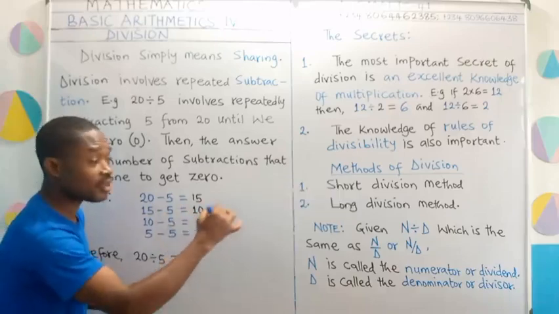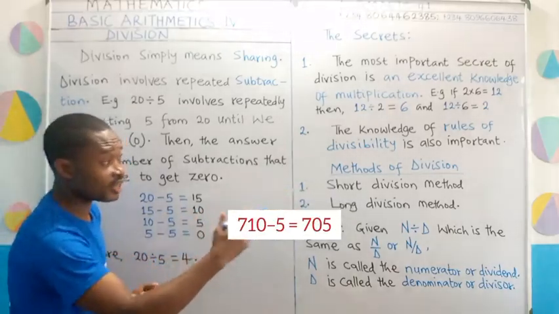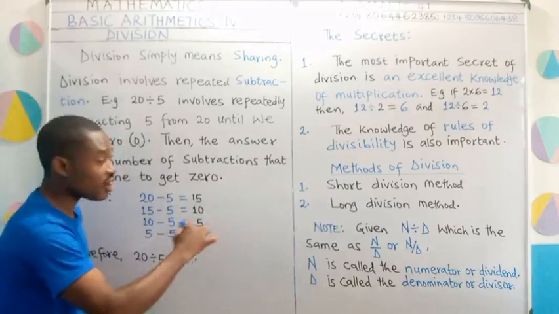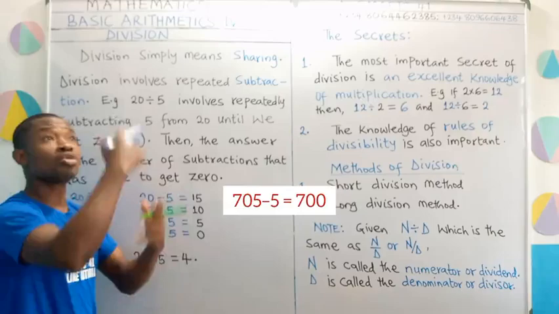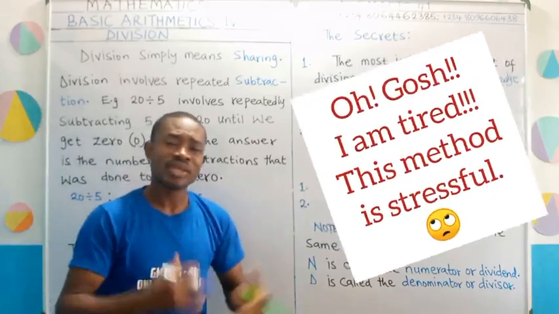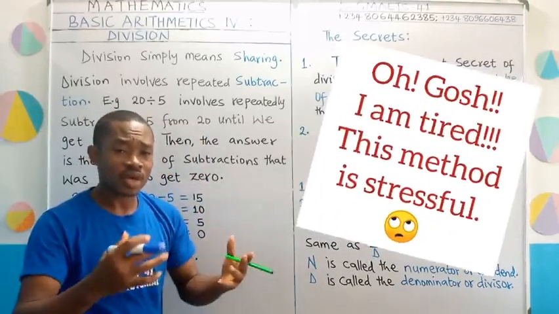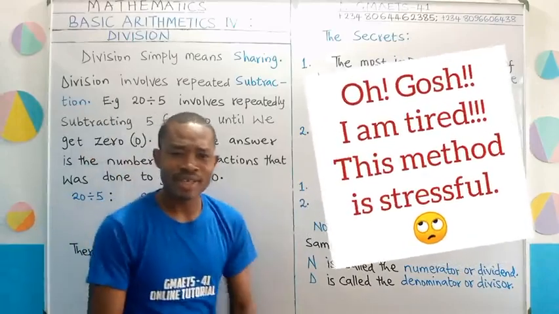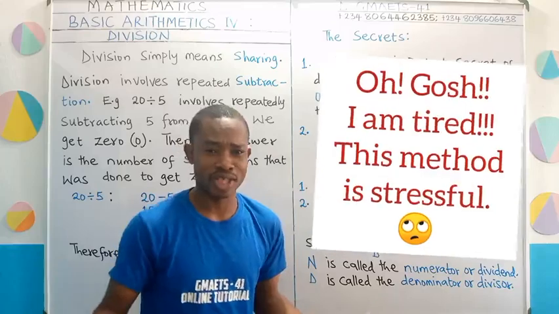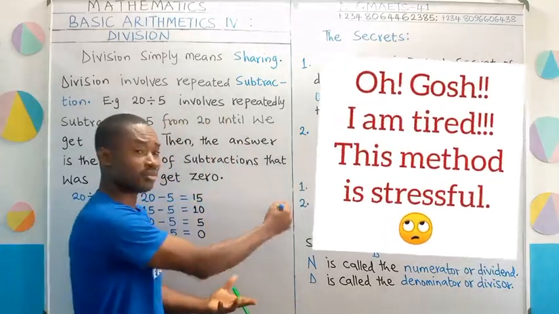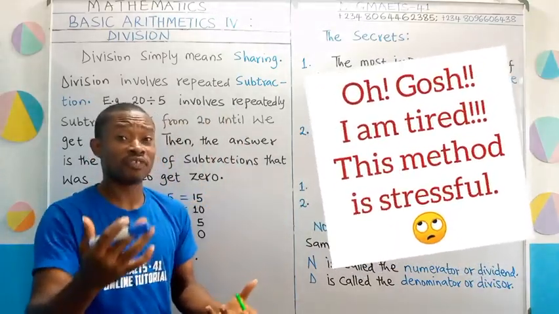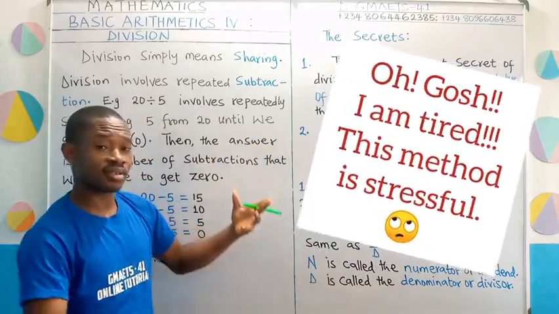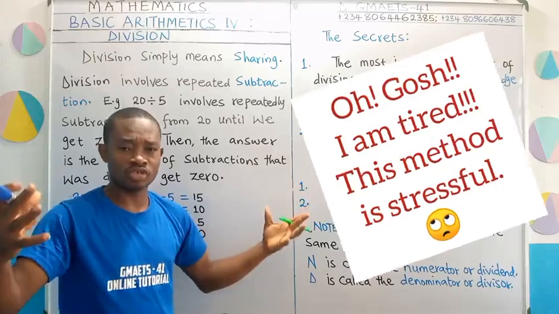So you go, 710 minus 5 equal to 705. You continue again, 705 minus 5 equal to 700. You do that until you get a number that is less than what you're using to divide. Oh my God, you will run away from such calculation. Even if you use the distribution method, distributing 720 in 5 places, that will be very long to do.